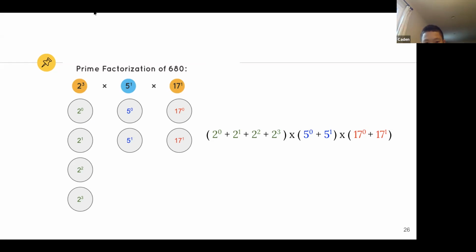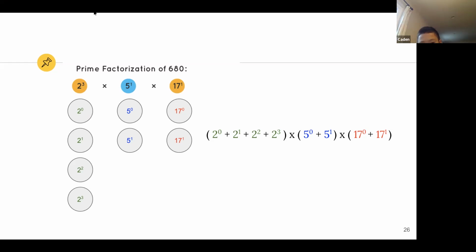So once you find the prime factorization of the number, you take the number and then you raise it to the power of the exponent plus 1. So for 2 cubed, you would do 2 and then you raise it to the power of 3 plus 1.